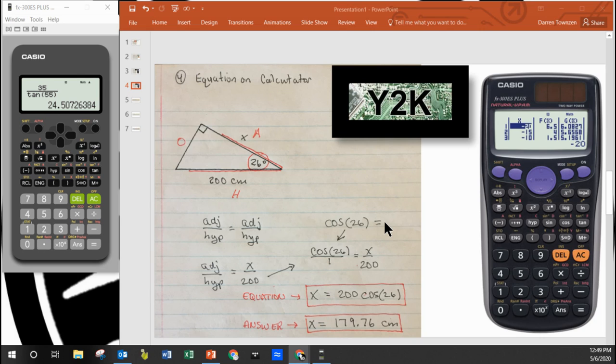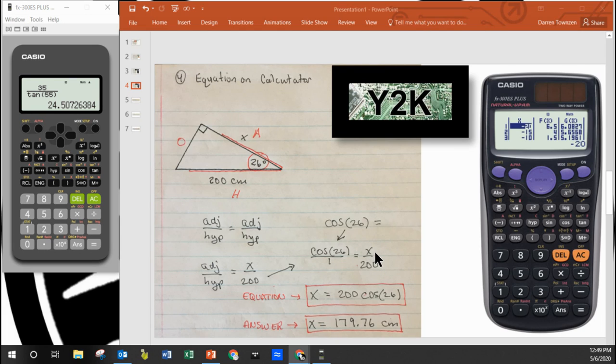But to save us time and trouble and possibly miscopying the number, we're just going to use cosine 26, because we're going to put not the decimal into our calculator, but the equation. So instead of adjacent over hypotenuse equals x over 200, we have cosine 26 over 1 equals x over 200. And the x is on the top.